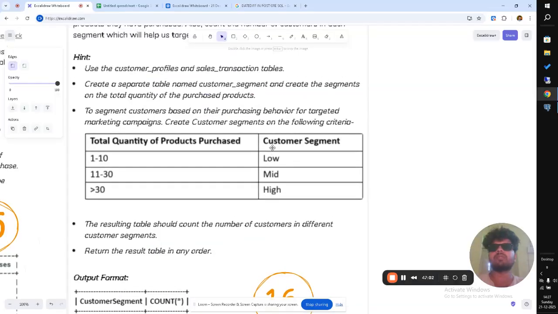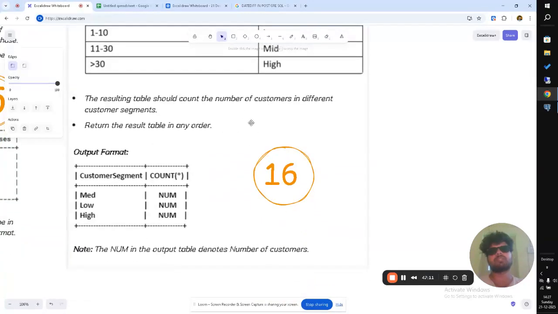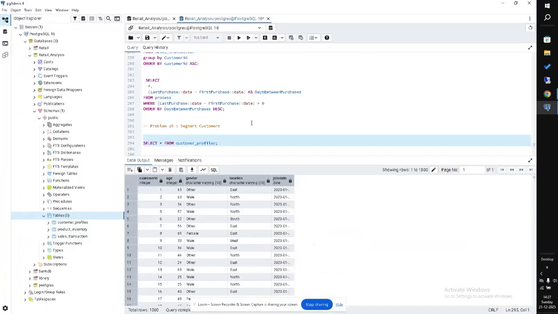Now what? Use the customer profiles and sales transactions. Create a separate table named customer segment and create a segment on the total quantity of the purchase. Okay. Total quantity.